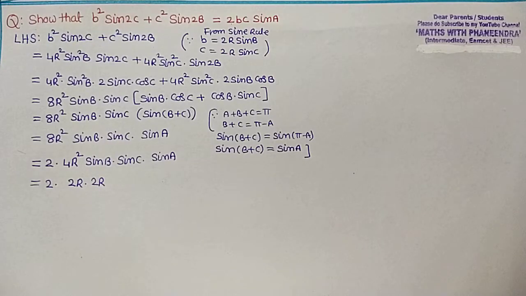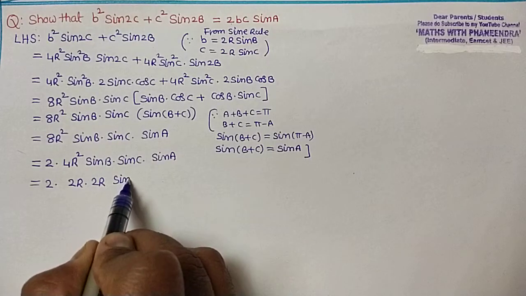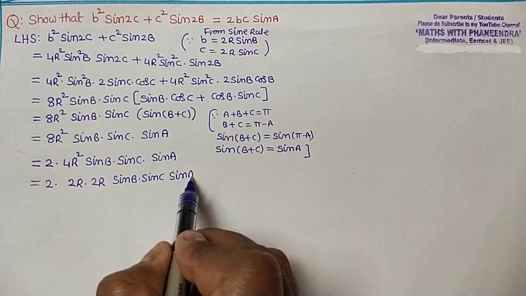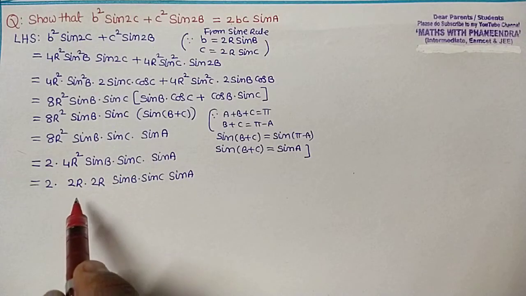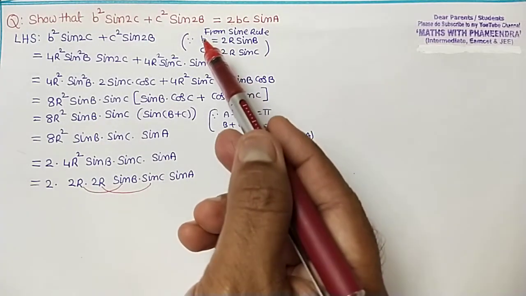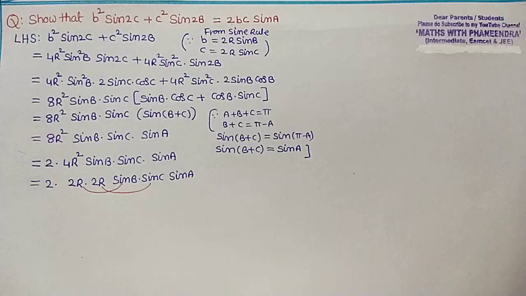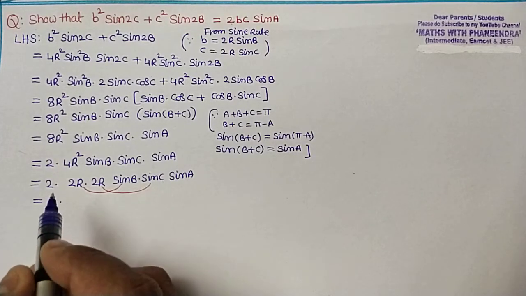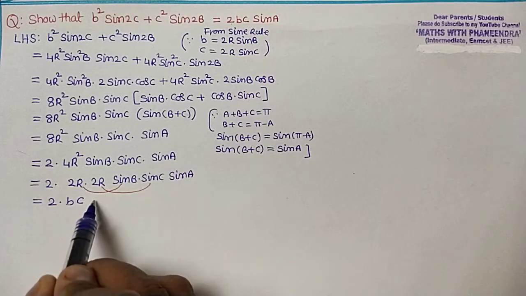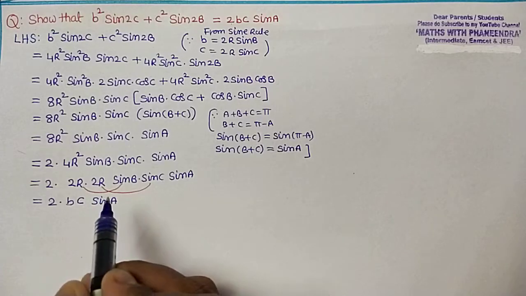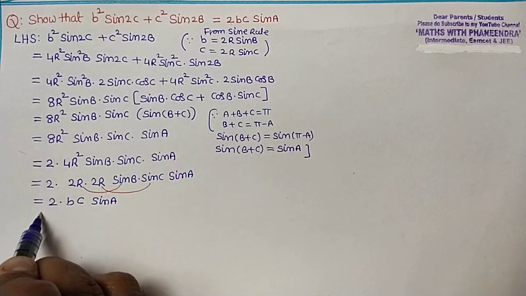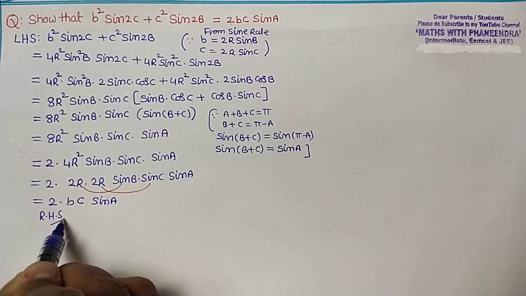We can write now 2R into 2R, sin B into sin C into sin A. Now 2R sin B, 2R sin C, from sine rule, these values are equal to b and c only, no? Therefore, 2 into 2R sin B is small b, 2R sin C is small c, into sin A, which is the required RHS. They are asking to prove 2bc sin A. Hence the result. Hence proved.